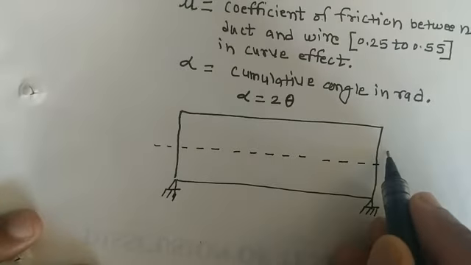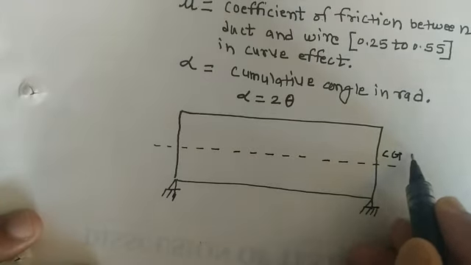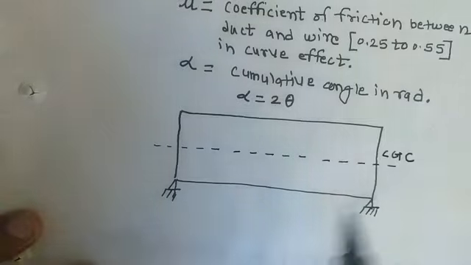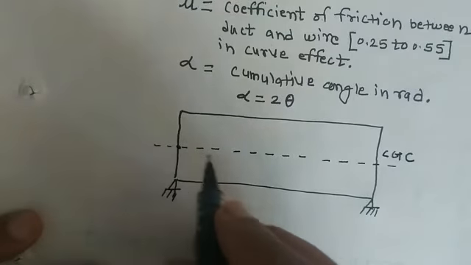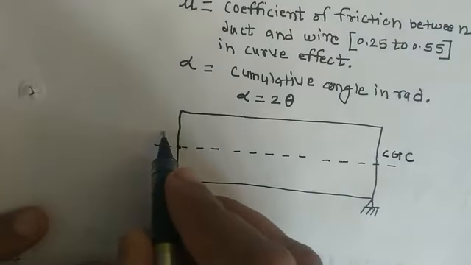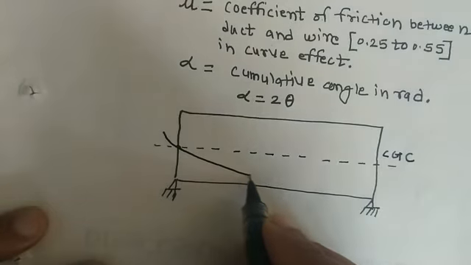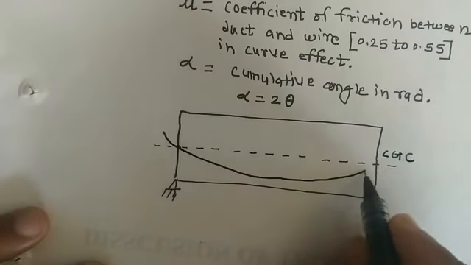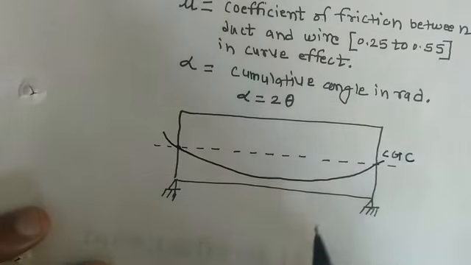So this is the section of concrete subjected to the parabolic tendon.